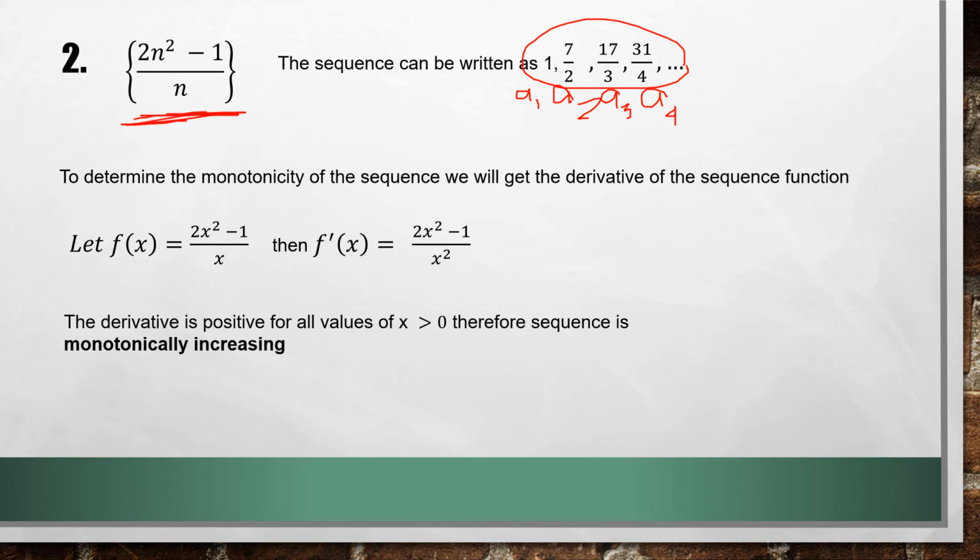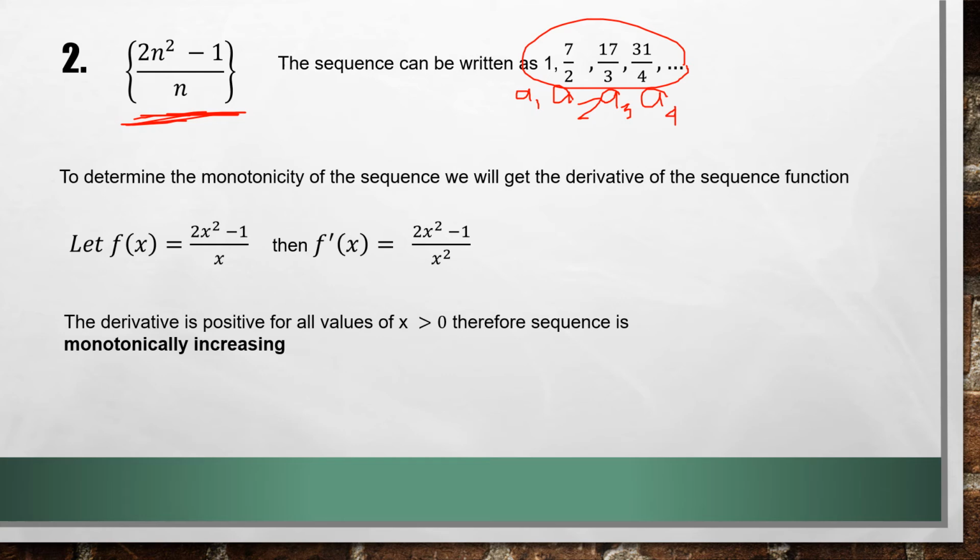Now, to determine whether the given sequence is monotonically increasing or decreasing, we can determine its monotonicity by getting the derivative of the sequence.